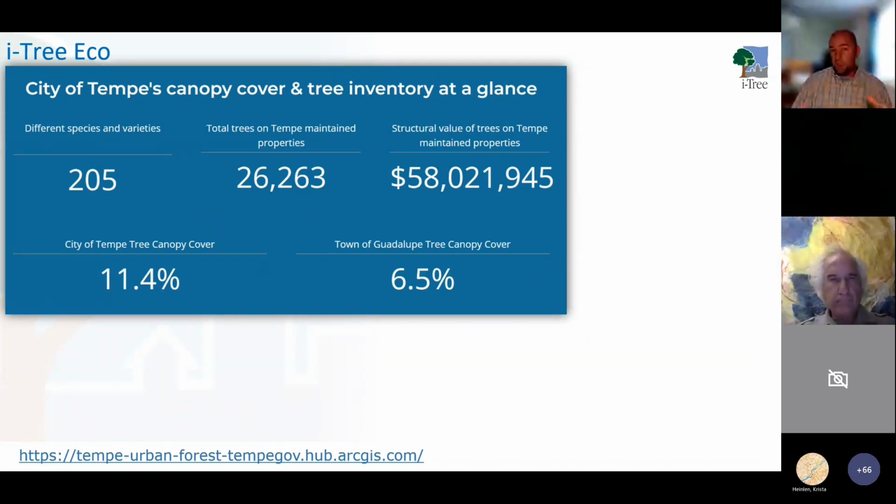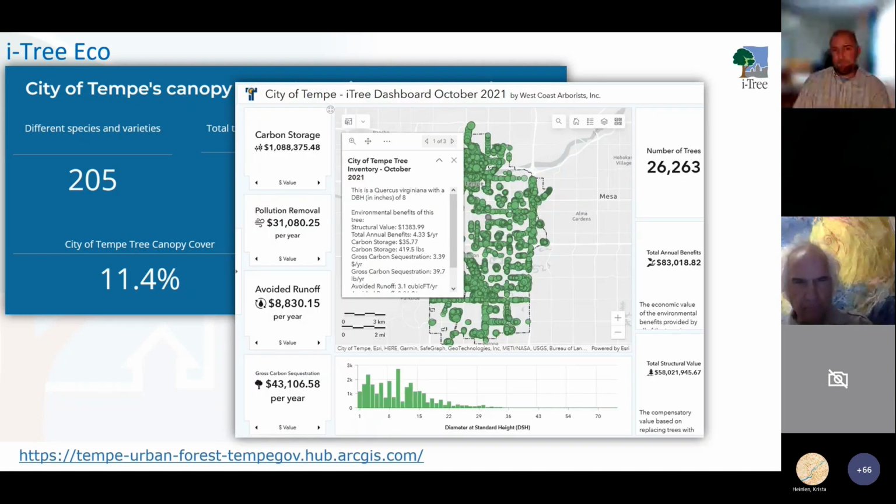They've done an iTree Eco project on their city maintained properties, and they've estimated tree canopy cover citywide, and those ecosystem services that we've come familiar with throughout the academy. They have a really cool map with this ecosystem service dashboard. You can click on individual trees within their map and get all sorts of ecosystem service information. But again, this just applies to city-owned trees.